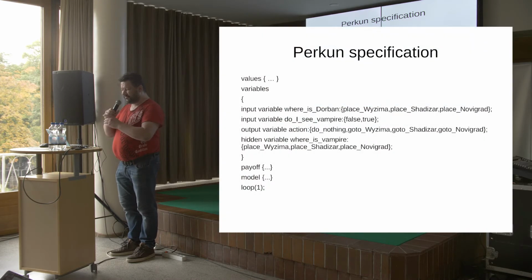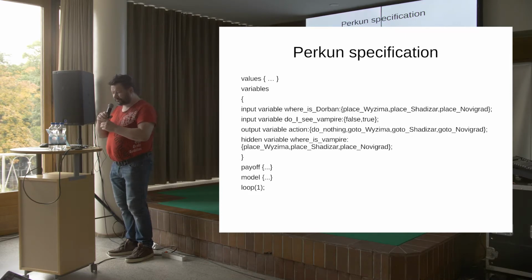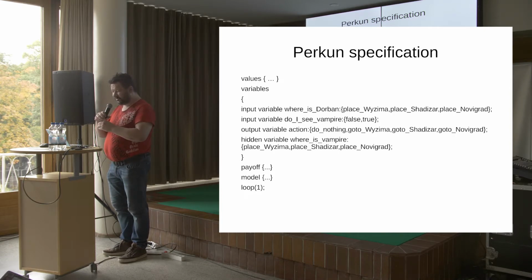This is how it looks. So if you take a look at this folder, examples, at the files with Perkun, this is a strict form language. So first we declare the values, which have been omitted here, then the variables, and this is the most important. After each input, output, hidden variable, we have the variable name and the list of possible values.